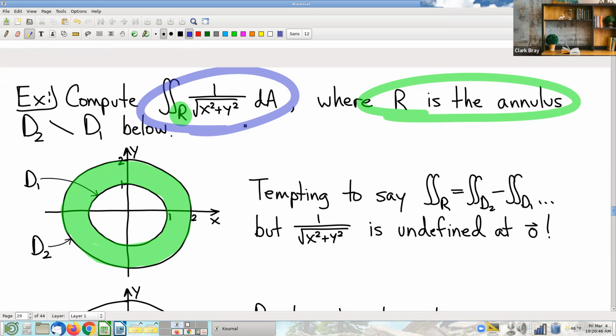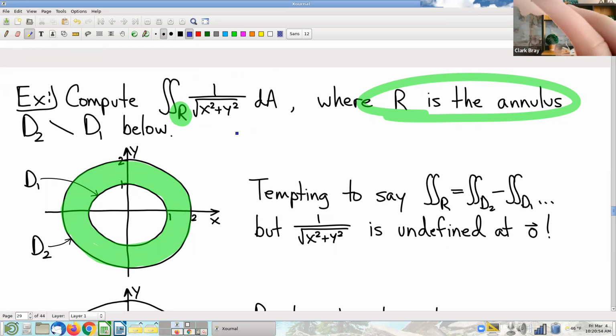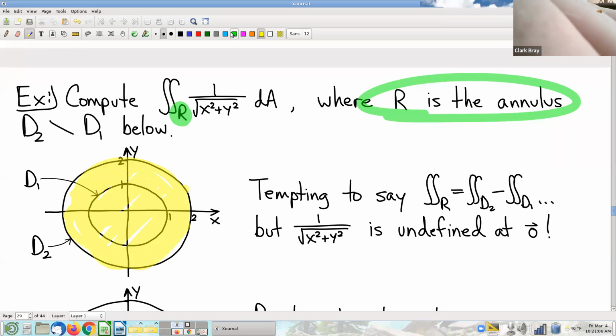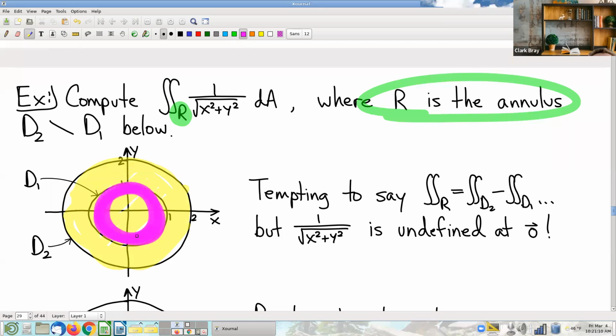So now a lot of people would approach this by saying, oh, well, look, this is a weird shape, but it's a sort of combination of two simpler shapes. I'm going to think of this as being, let's see here, it's like this. It's the big disk. I'll compute that integral first, and then I will next compute the integral on the small disk.